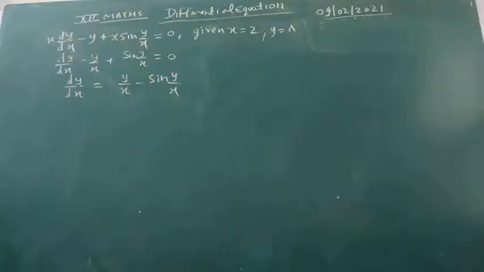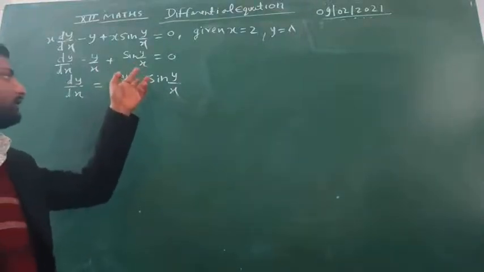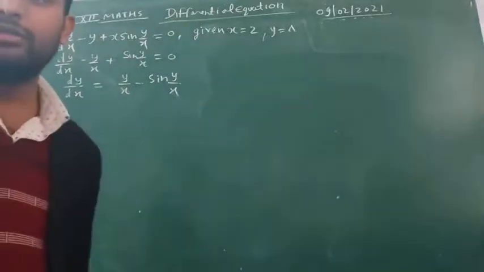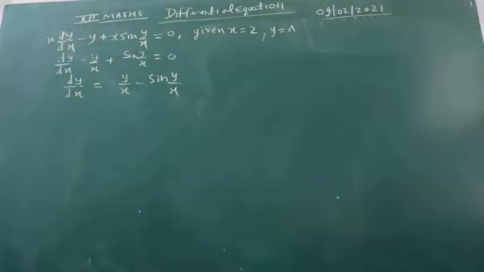So dy by dx is y by x minus sin y by x. Now students, we have seen that the power of the numerator and denominator is the same. So this is our homogeneous differential equation, students.